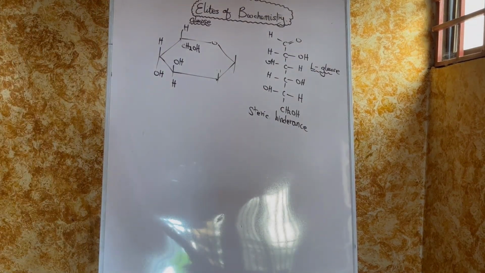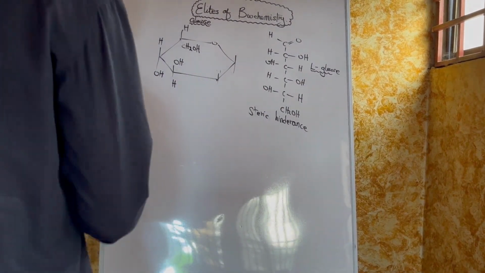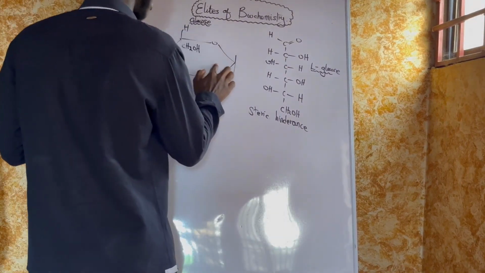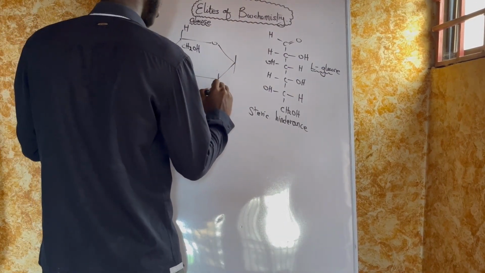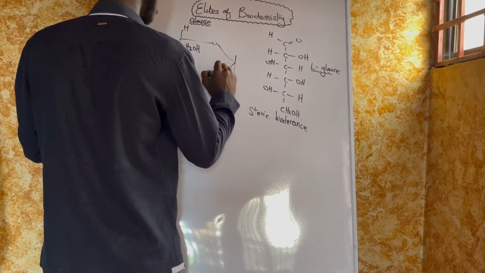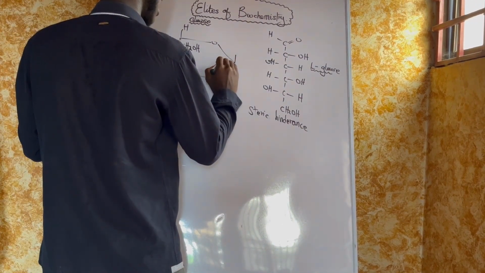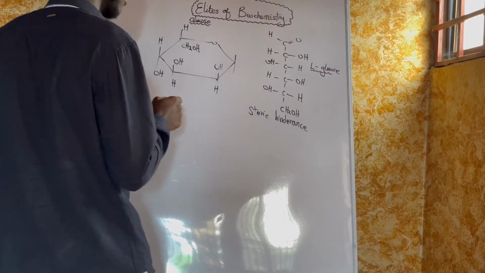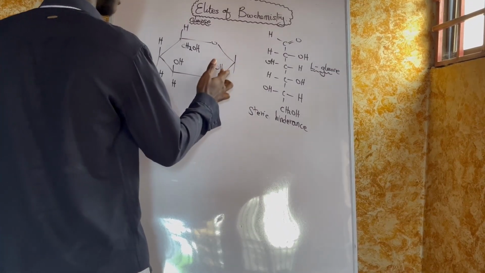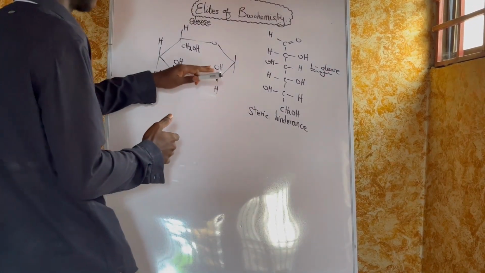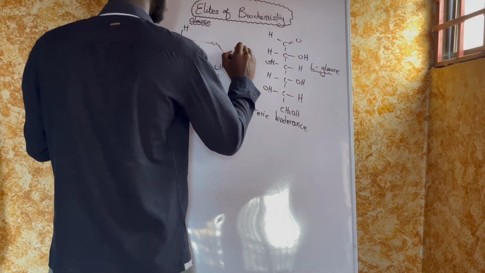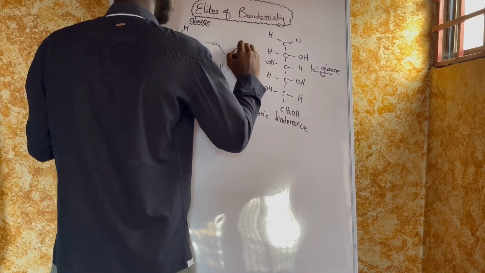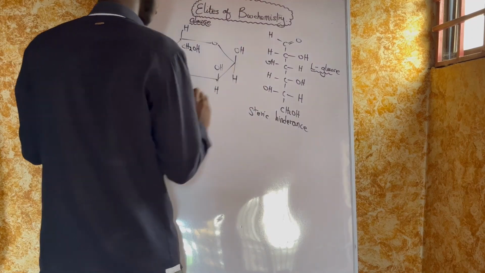If I'm changing the configuration on carbon 2, maintaining everything, then I'm referring to that molecule as an epimer. If I'm changing the configuration here from a hydrogen to an OH, I've just changed the configuration of only one carbon. So if you change the configuration at carbon 2 of glucose, then definitely you are going to get mannose.